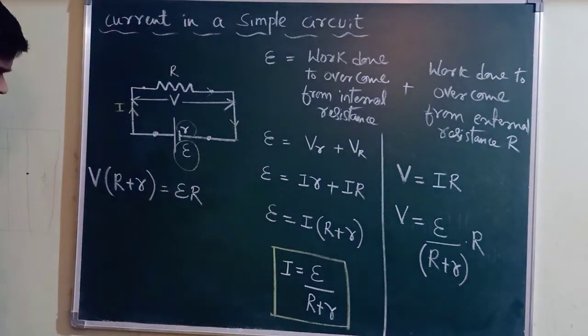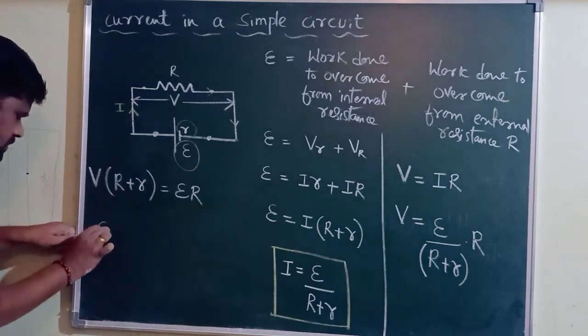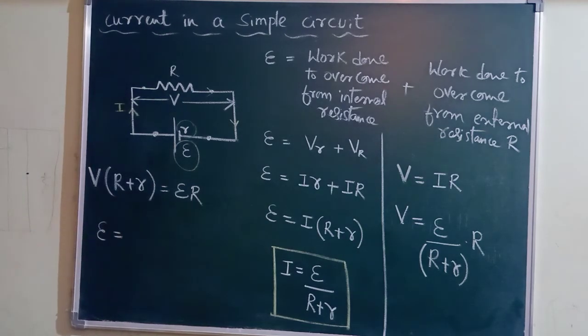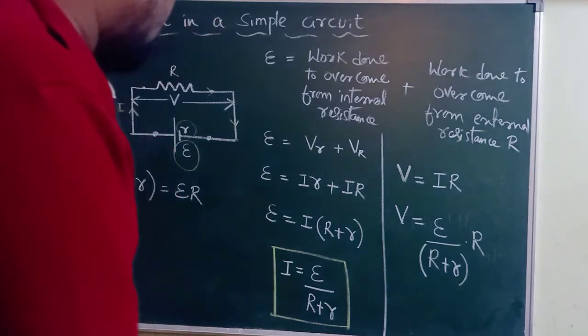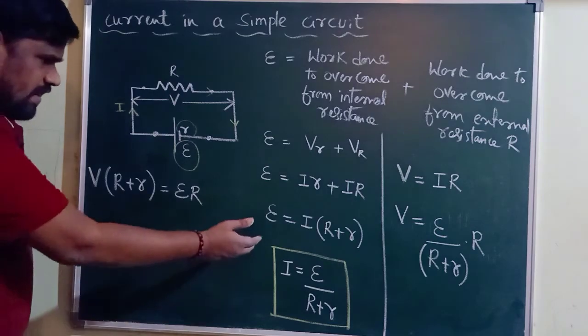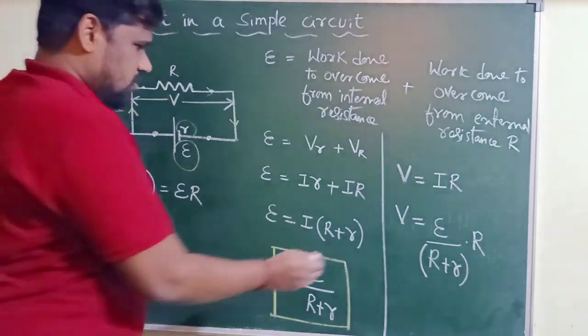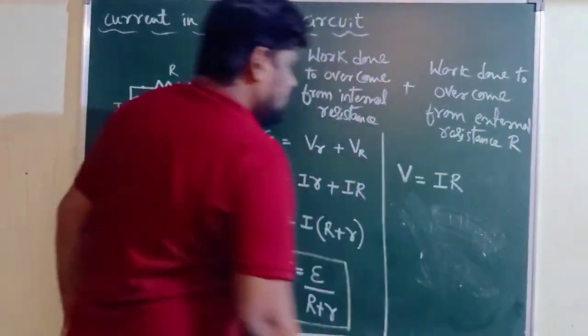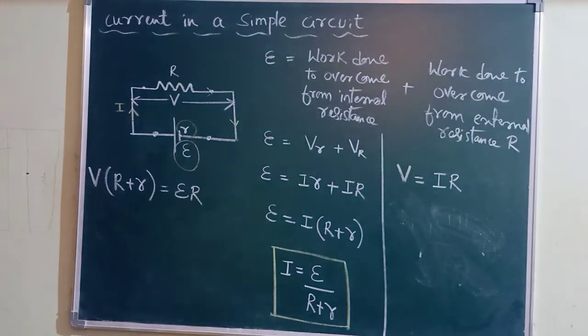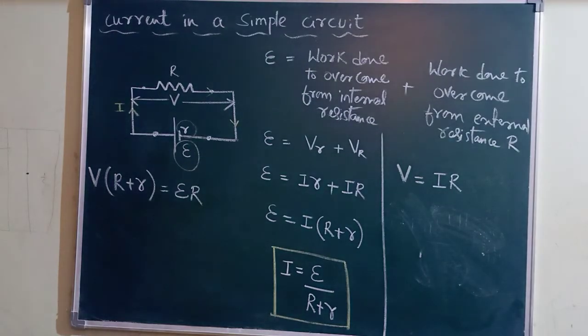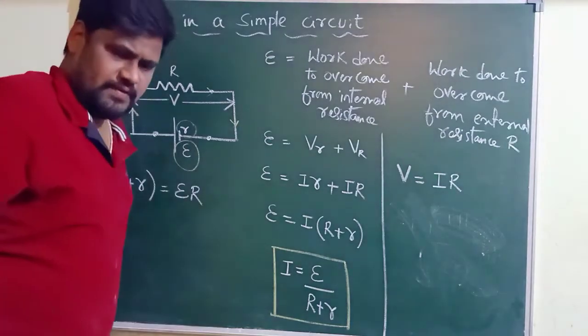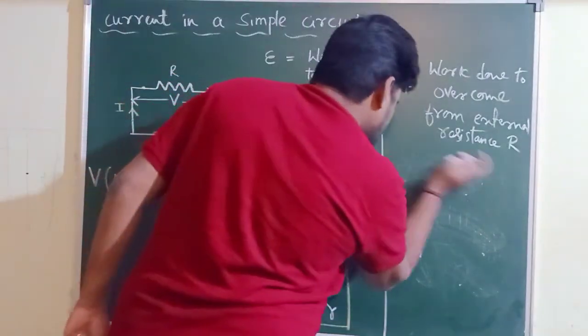Let us try to write an expression for E here. No need to substitute here; here only I can make the simplification. V is equal to I into capital R, or else you can make use of this formula only.